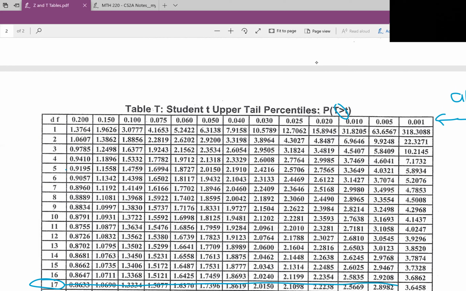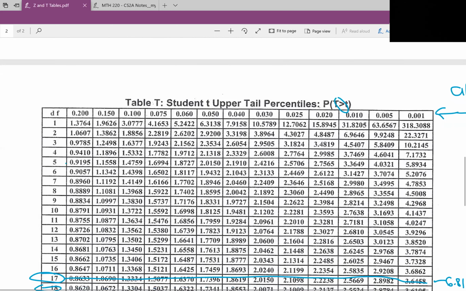And I get all the way to the end and notice, 6.81 isn't on there, okay? The last value we have is 3.6458. So 6.81 is definitely further off this chart, somewhere down there. Now I want you to look at the top. Look at these areas. They start at 0.2, 0.15, 0.1, slowly getting lower and lower.